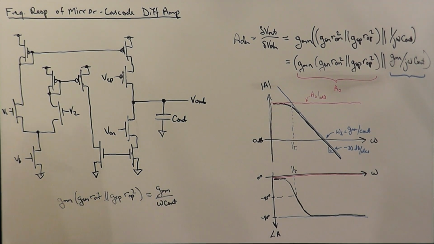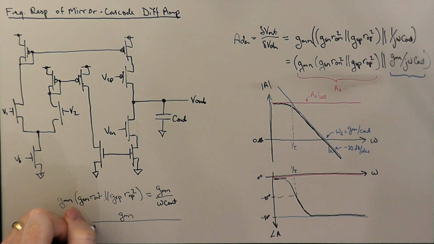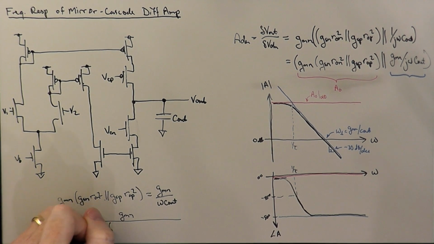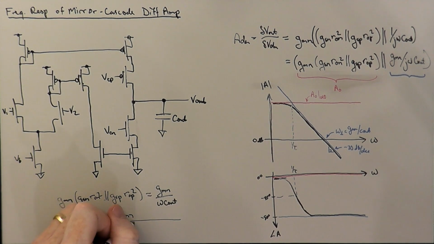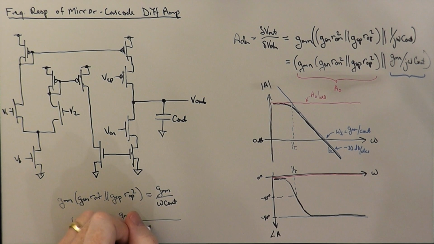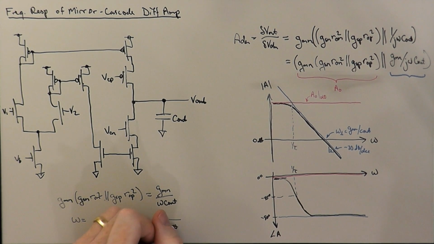If we solve for the omega, we move the omega upstairs here, we move this downstairs here, we get omega equals GMN over GMN times GSN RON squared parallel GSP ROP squared C out.